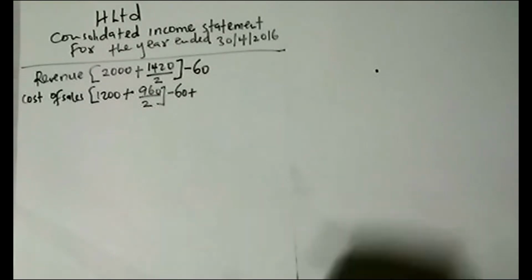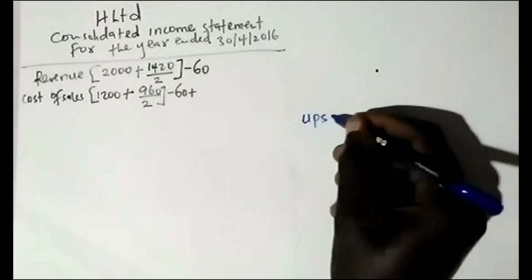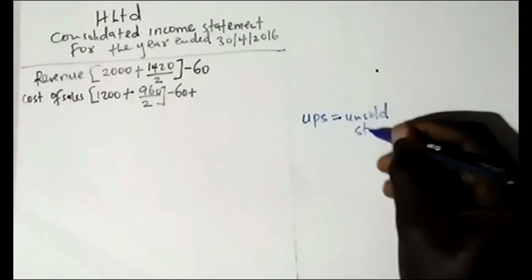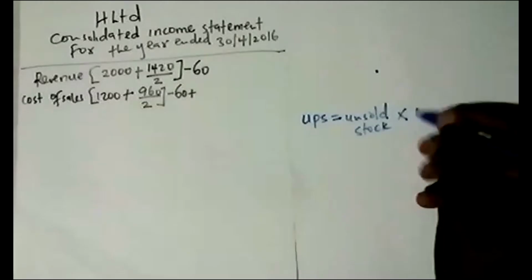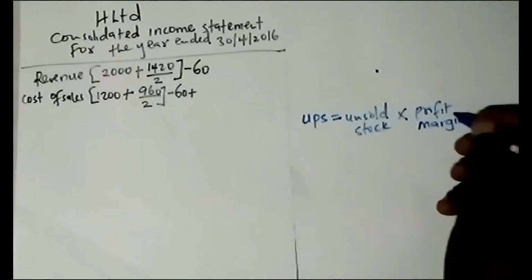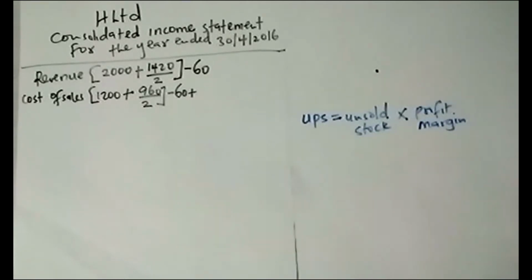So this one will arise whereby I said UPS is equal to unsold stock times the profit margin. Remember that these goods, worth 60, were sold to S, of which S received them.